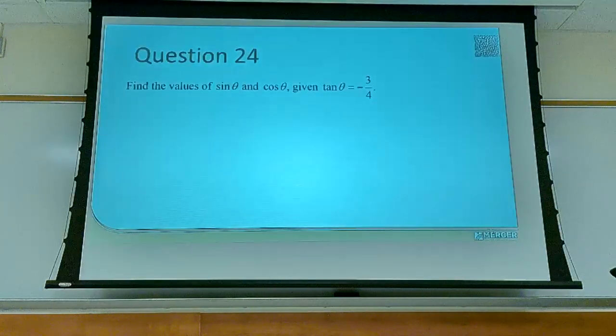Tangent theta is negative 3/4. Find sine and cosine. Once again, they don't tell us what quadrant we're in. But we do know that tangent is negative, right? Where is tangent negative? That goes back to the chart we did, right?